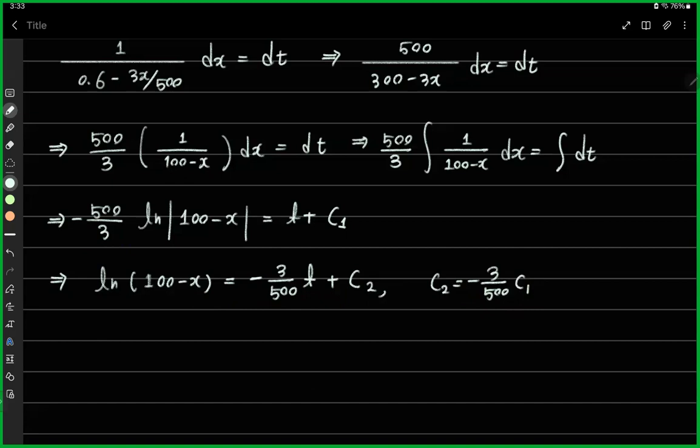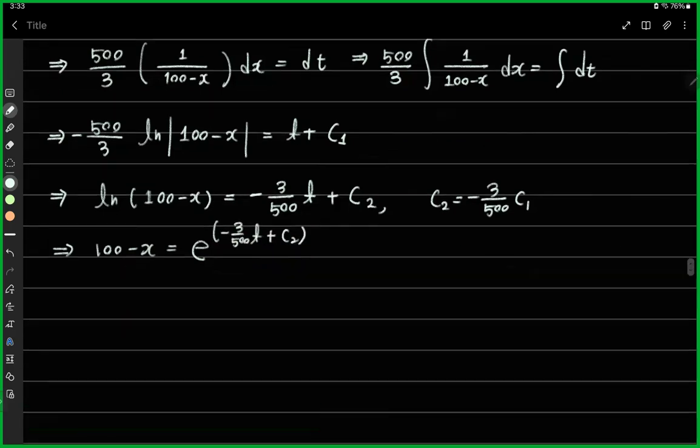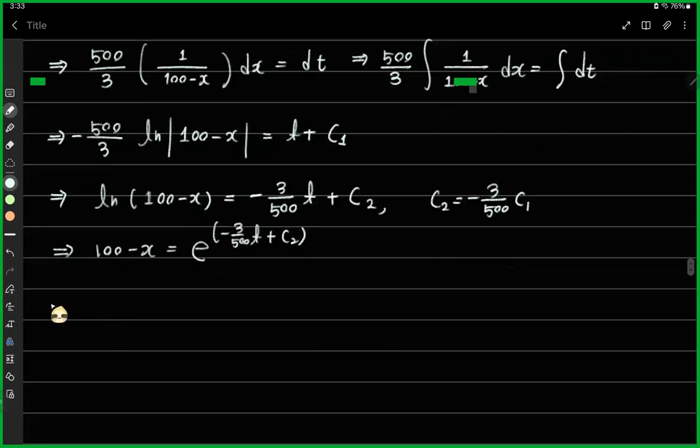So now 100 minus x is equal to e to the minus 3 over 500 t plus c2. So x is equal to 100 minus e to the minus 3 over 500 t plus c2.